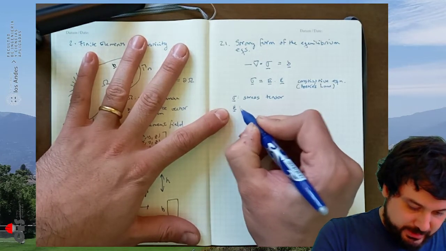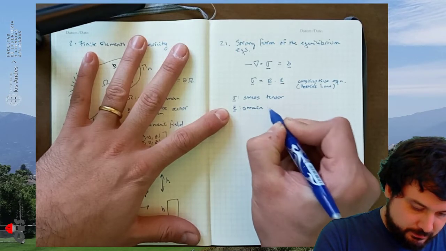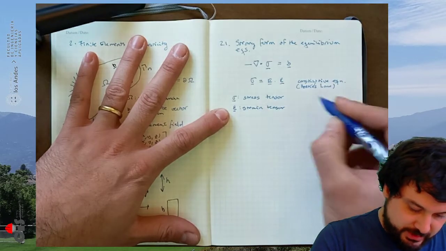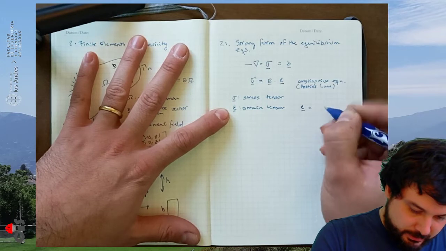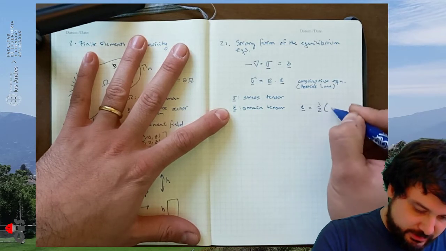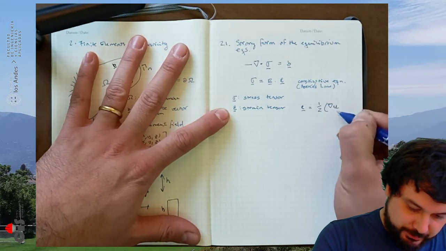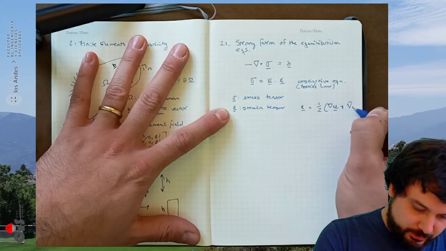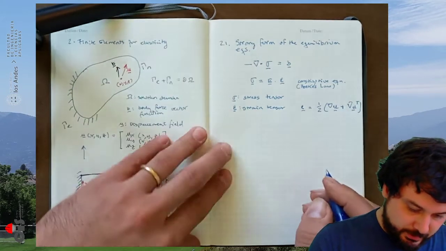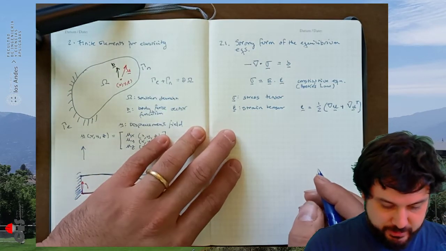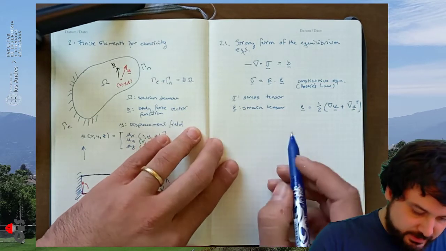Epsilon is the strain tensor. So it's given by the symmetrized strain tensor, nabla u plus nabla u transposed. It's convenient here to write this in tensor notation.